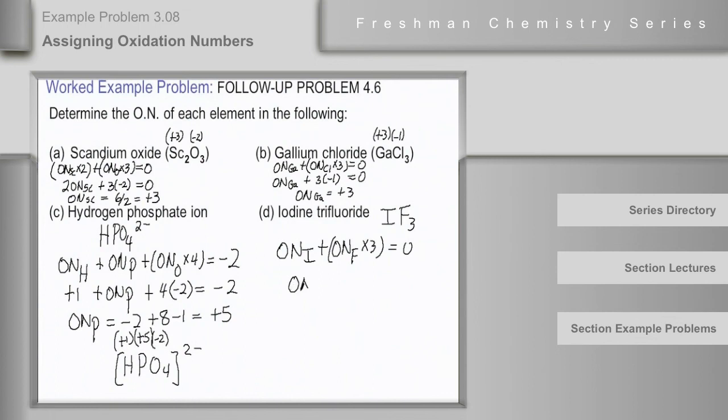So the oxidation number of iodine plus 3 times, now fluorine will be negative 1 according to the rules. Like the fluoride ion, it's not really the fluoride ion, but it'll have a negative 1 oxidation number. The sum of those will be equal to 0, so the oxidation number of iodine will be equal to positive 3. So positive 3, negative 1.